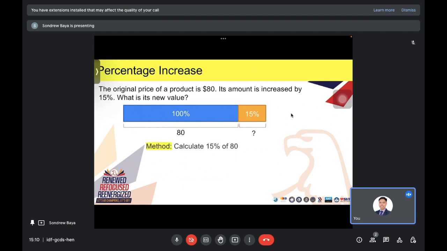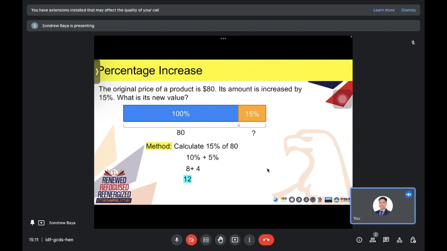So the method would be to calculate what is 15% of 80. And in this case, if we use the common percentages, it will just be 10% plus 5%. So 10% of 80 is 8, and 5% will just be half of 8, which is 4. Therefore, 15% will just be 8 plus 4, or simply 12.